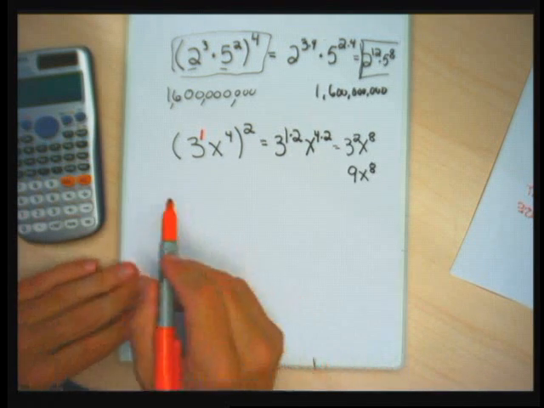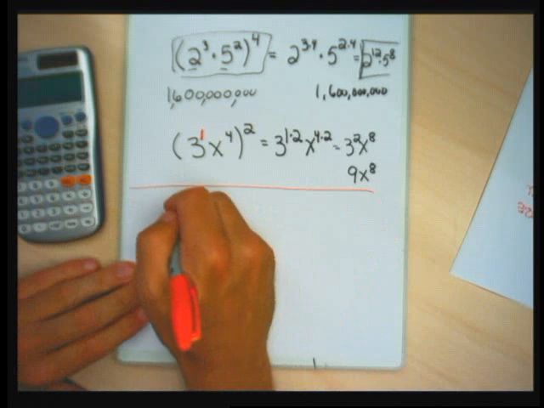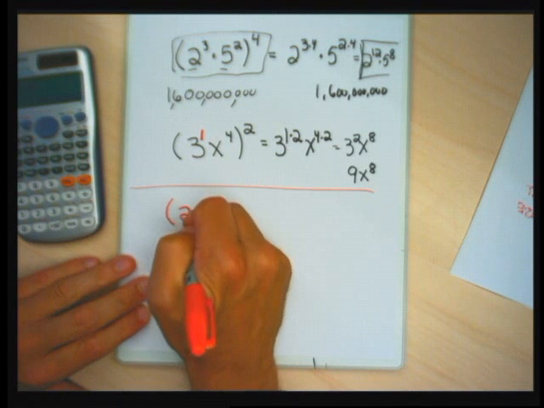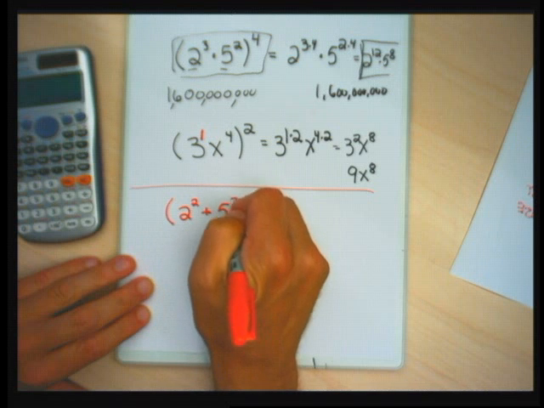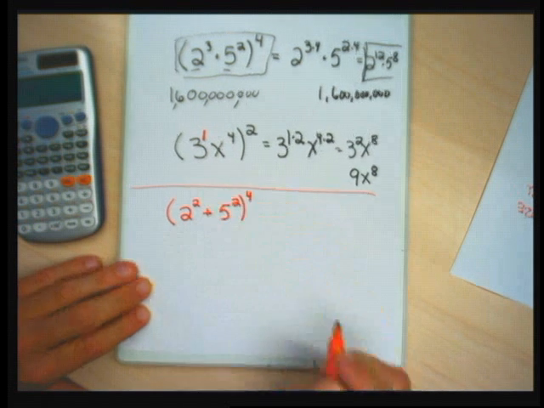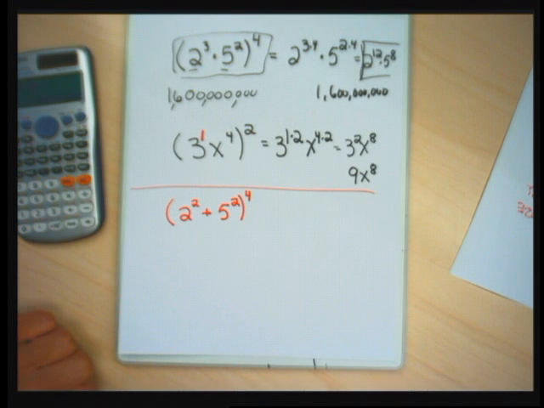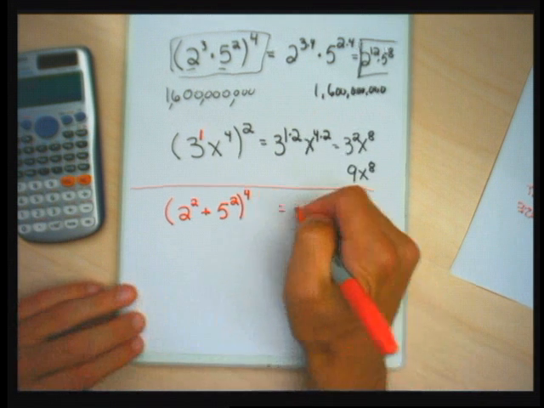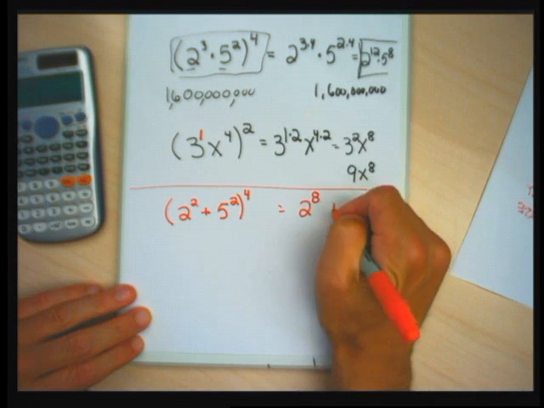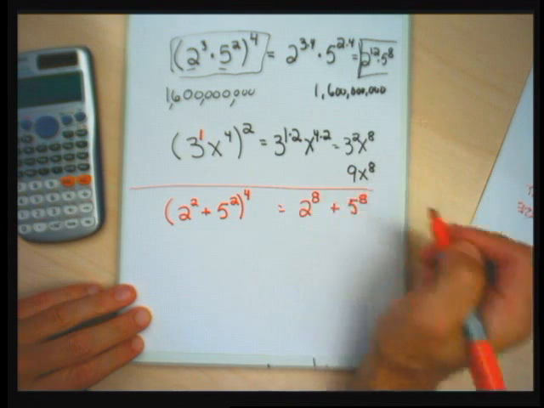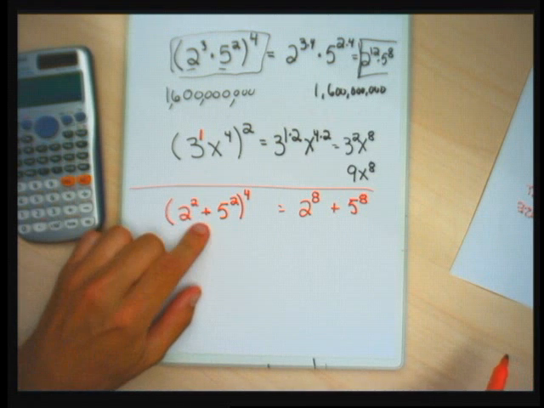For instance, I'll do something with numbers, like if I had something like this, 2 squared plus 5 squared to the 4th power, you'd like to extend that rule and say that this equals 2 to the 8th power plus 5 to the 8th power, but it doesn't work.